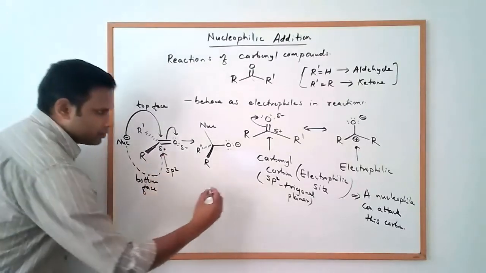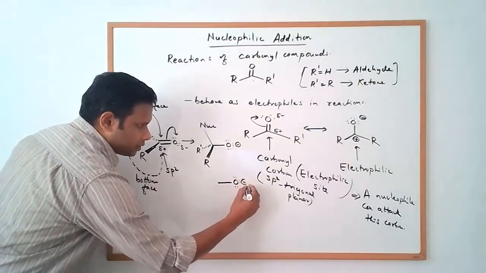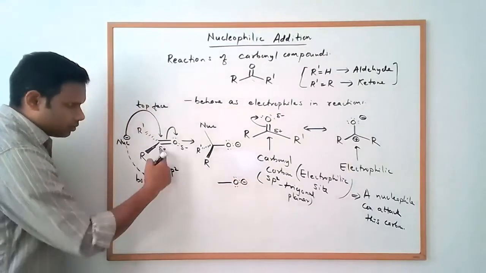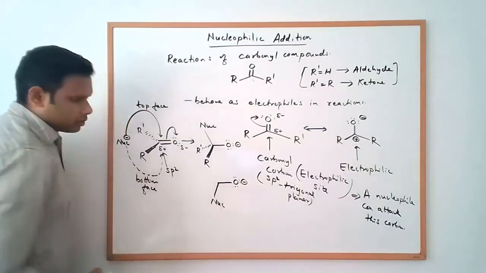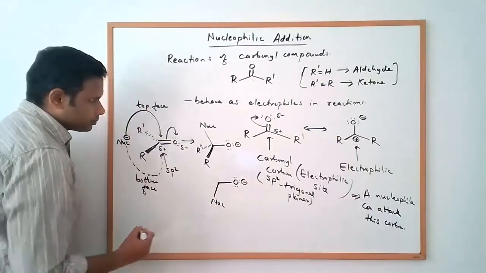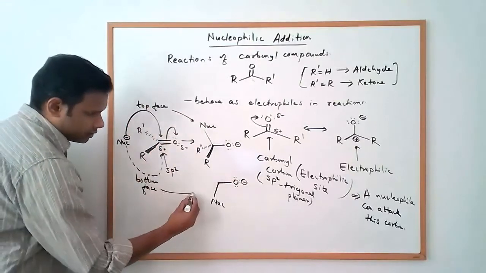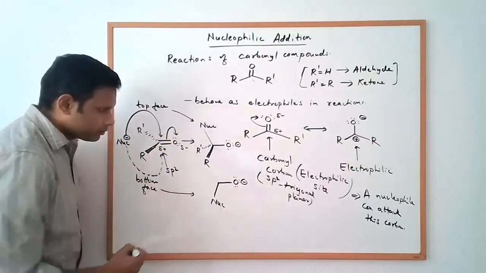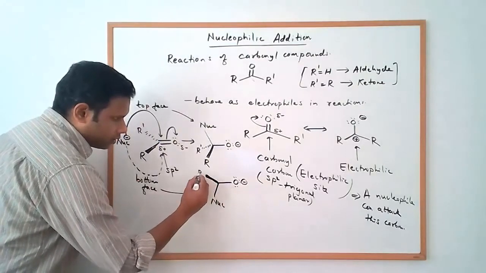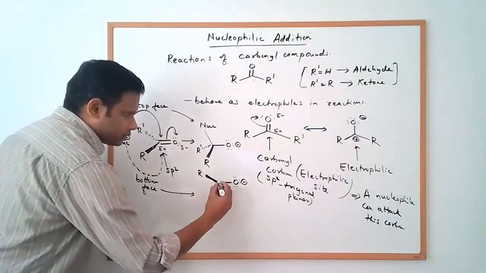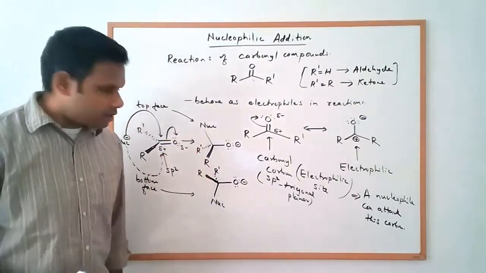If the attack happens from the bottom face, what we will get is oxygen with a negative charge. Since the nucleophile attacks from the bottom face, we will get the nucleophile here. So this is the attack from the top face, and this is the structure for the attack from the bottom face. The R group is still going to be on a wedge, and R prime is still going to be on a dash, but pointing up.